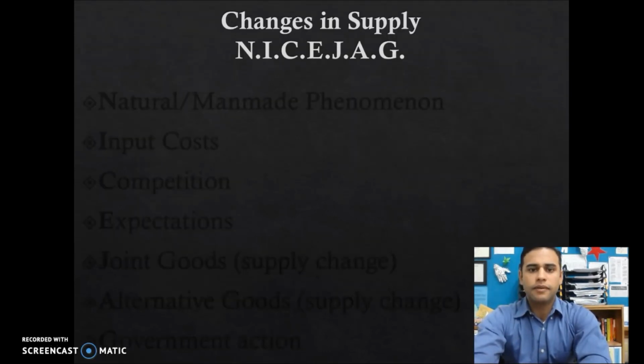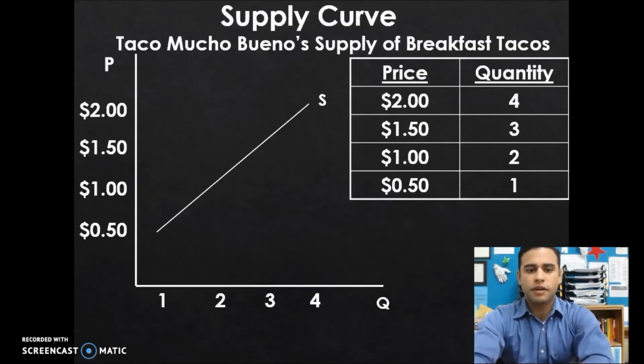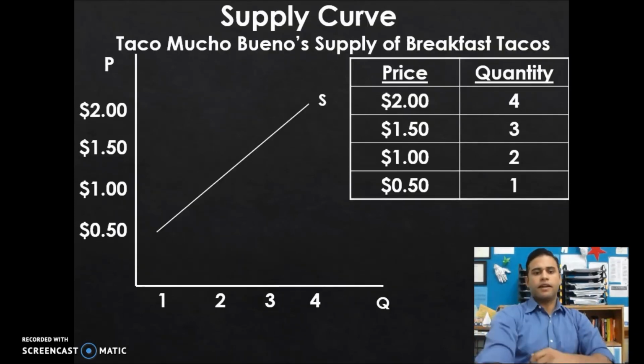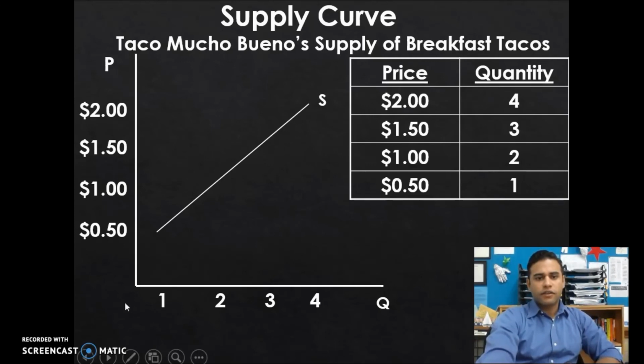Now, a change in supply means, let me come back for a second, a change in supply means that this entire curve would shift to the right or shift to the left. Meaning that at every possible price level, suppliers have decided, if it shifts outward to the right, that at every possible price level, we're willing to bring more of them to the market.